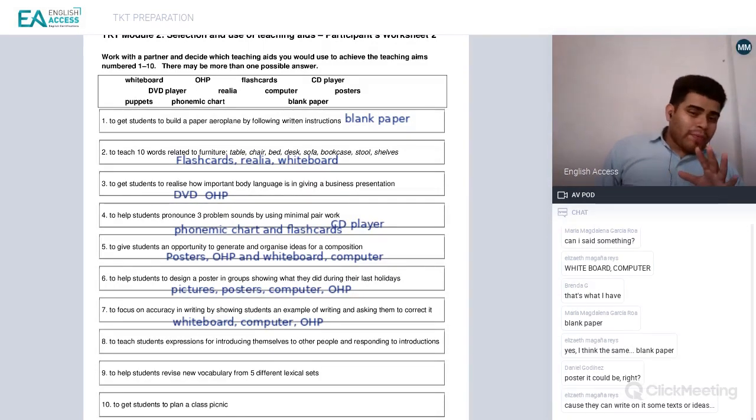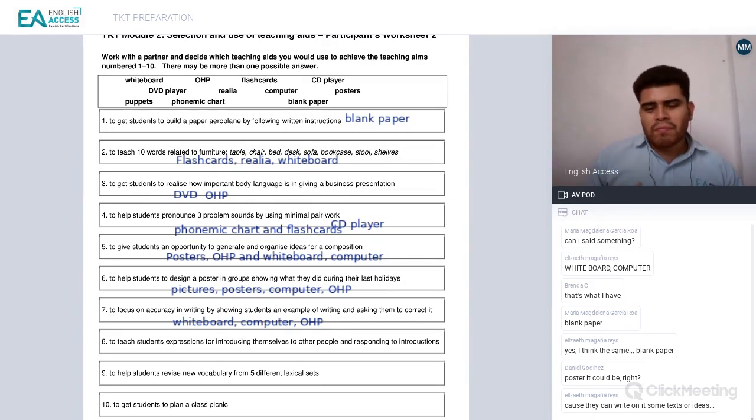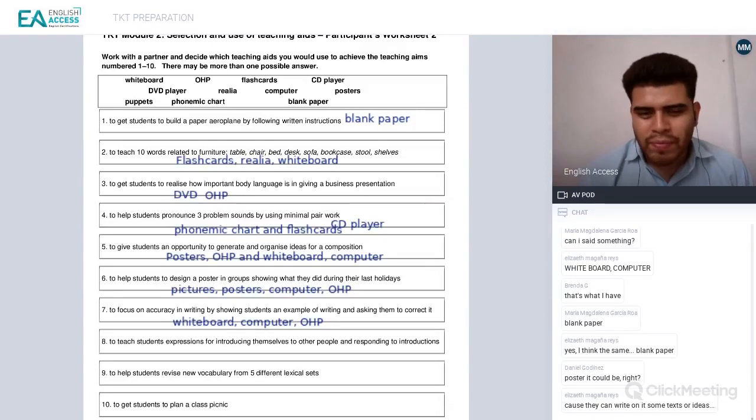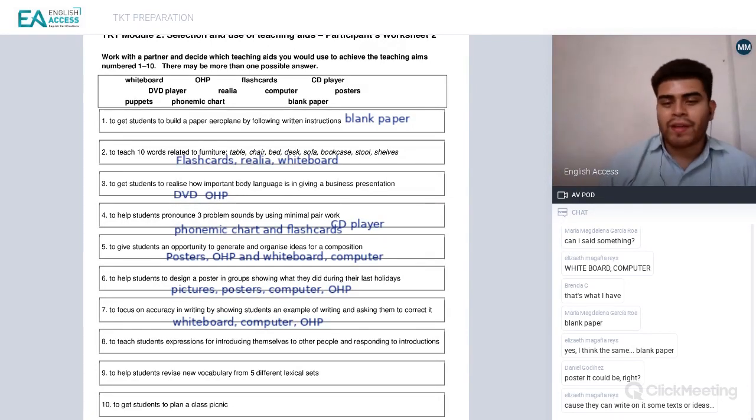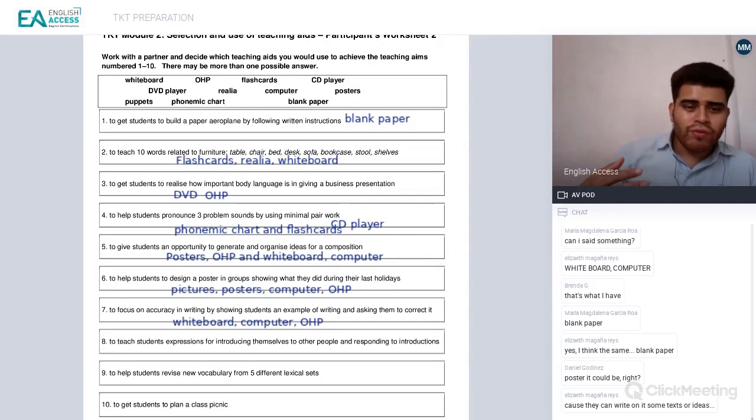But it's not going to be blank because they actually need to correct it. They're not going to write the writing unless you tell them to copy it. But it didn't give us those instructions, so it wouldn't be blank paper in this case. But it says asking them to correct it. Yeah, asking them to correct it. So maybe they can go to the board, or they can just say out loud what's wrong.